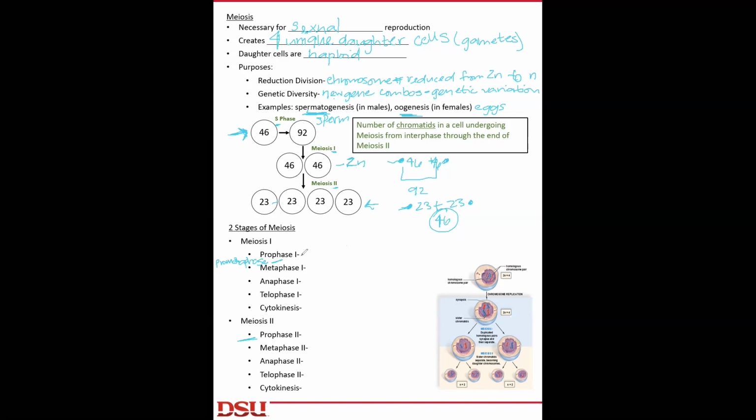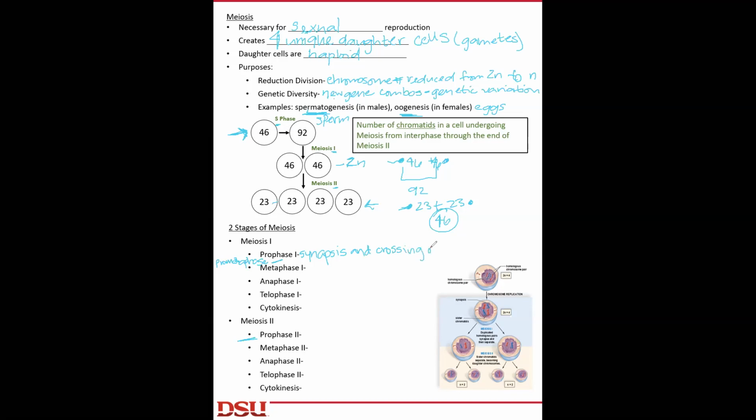The first thing that happens is in prophase, and we get this process of synapsis, which you may remember from your pre-lecture. The homologous chromosomes lining up side by side makes it nice and accessible when everything is going to start to divide. And the other thing that happens is a process called crossing over.